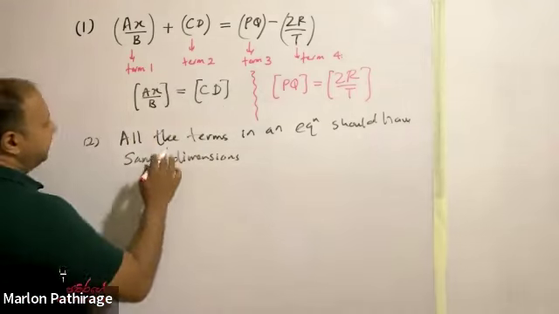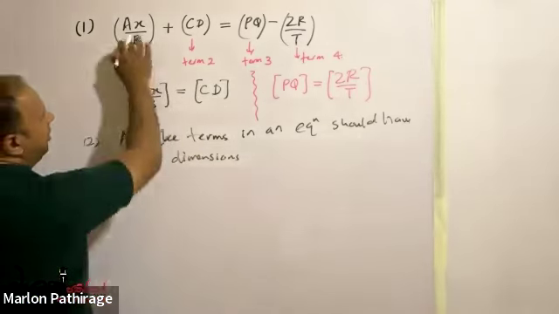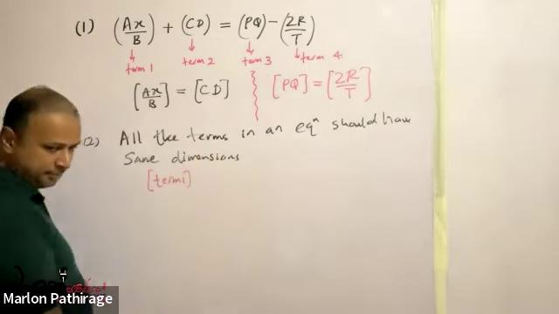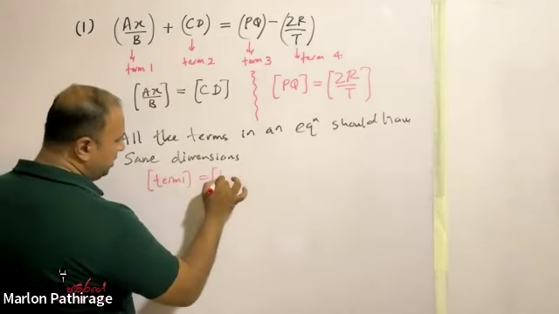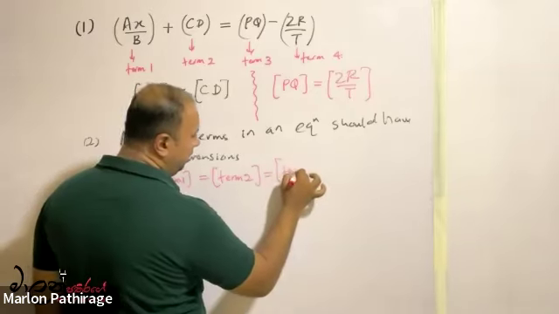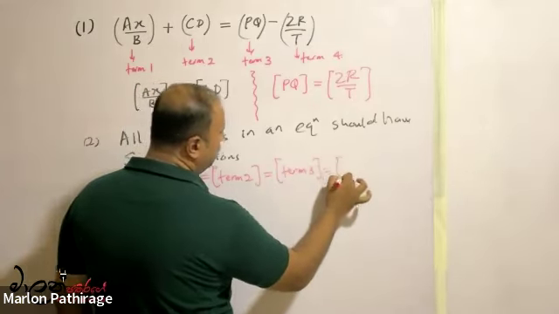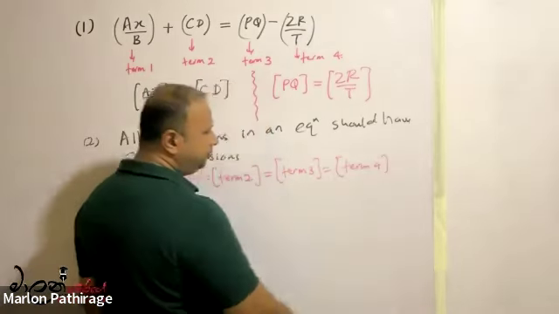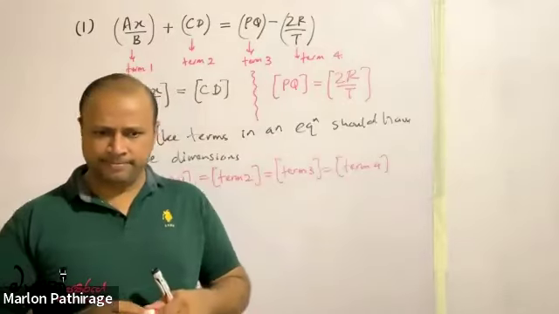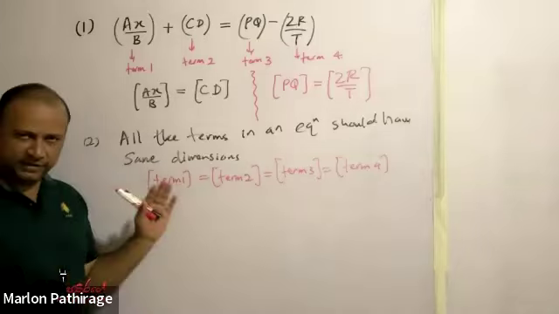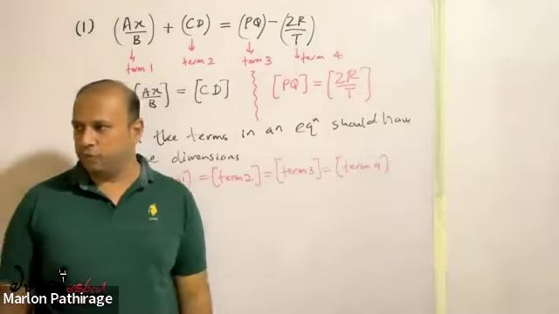Based on this argument, we can write this: the dimension of term 1 should be equal to the dimension of term 2, and that should be equal to the dimension of term 3, and it should be equal to the dimension of term 4. Is that clear? This is the first two rules.